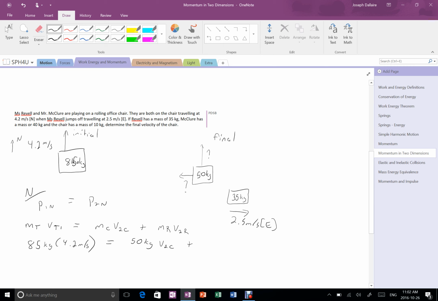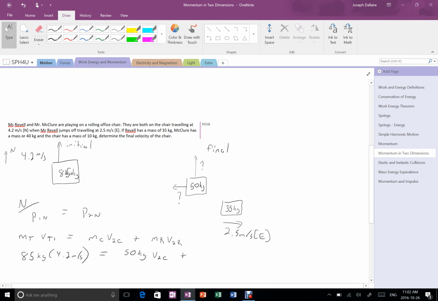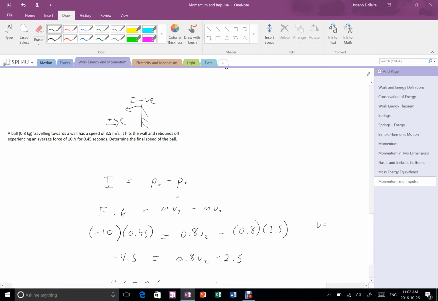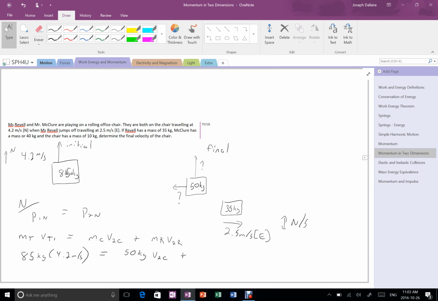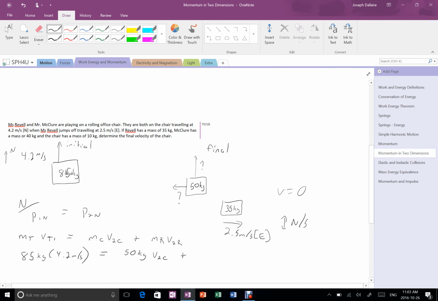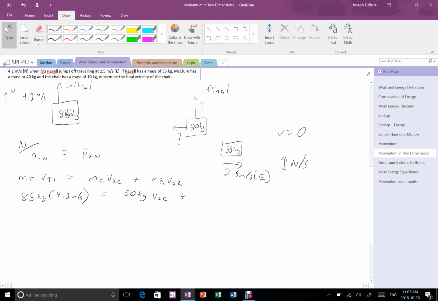Plus, if she's going purely east, in the north-south direction, velocity is 0. And so this whole term is 0, because she's moving straight east, so she's not going north or south.